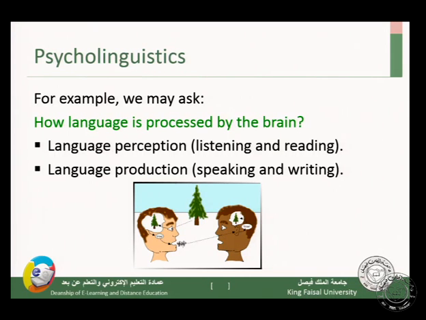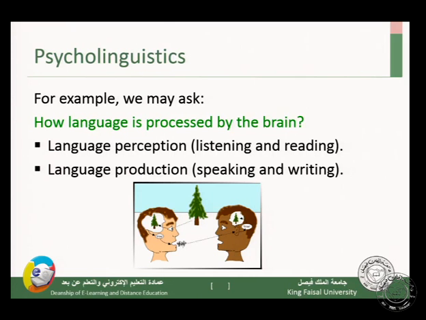There is a representation for the tree inside his mind, and there is a link between this particular object in nature, which we can see, and we call it tree. So inside the human mind, there is a relation between the physical object and the word.